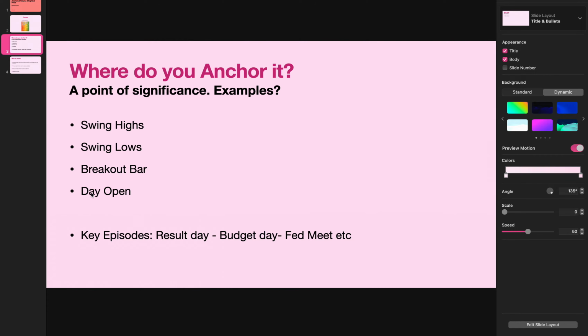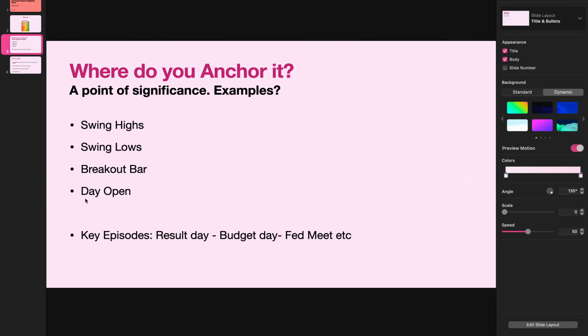For intraday players, apart from swing highs, swing lows, and breakout bars, the daily open is also a candle of significance. Why? Because the daily open shows a point wherein huge volumes come in. Most of the business is actually not done during intraday.